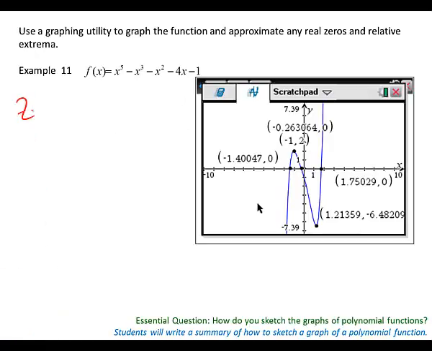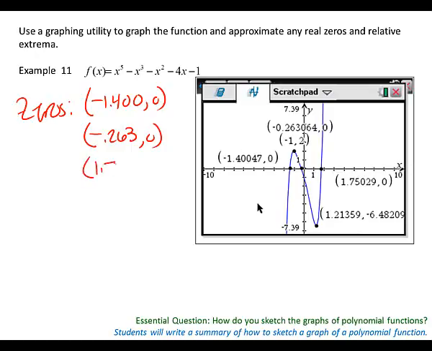So our zeros, I would write down negative 1.4000, right? Negative 0.2630, and 1.7500. That would be 3 decimal places, right? Do I necessarily have to have those extra zeros on there? No, but I'm being official, I guess, today.